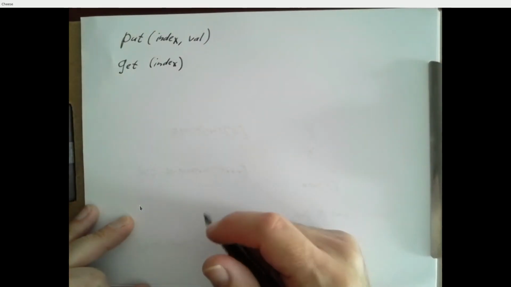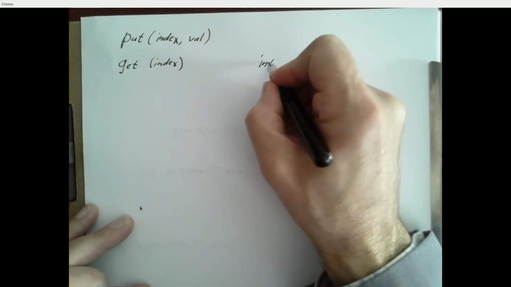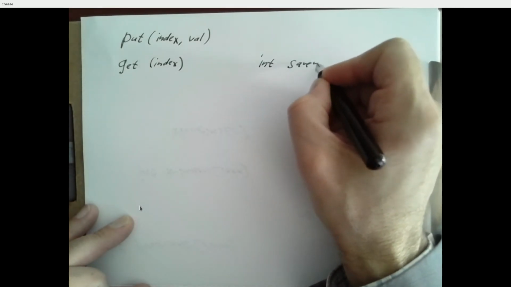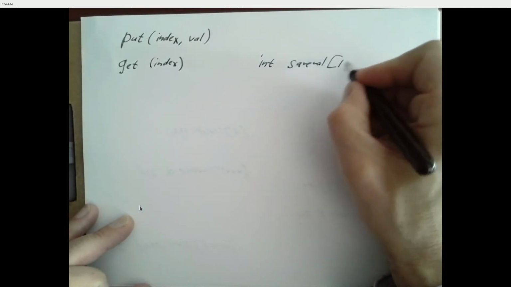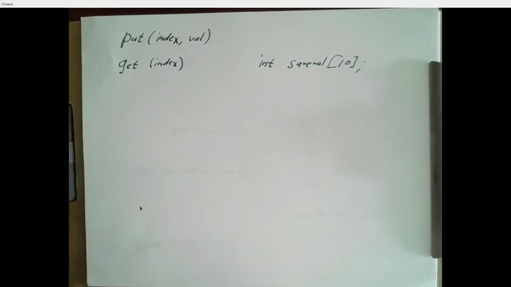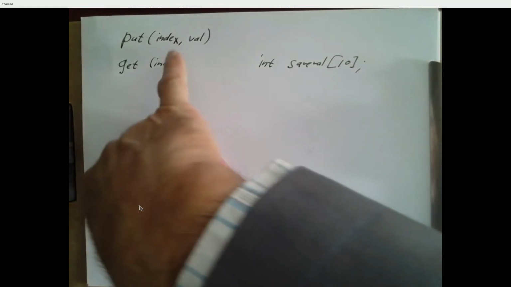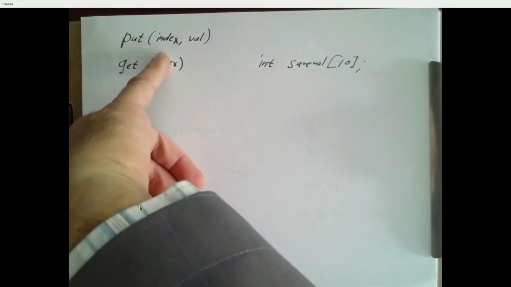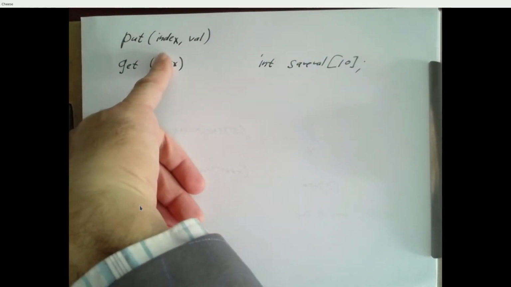So outside of your functions, instead of saying integer say val, just make it an array. And the instructions say that this argument goes from 0 through 9, right? So you need to be able to save a total of 10 values.